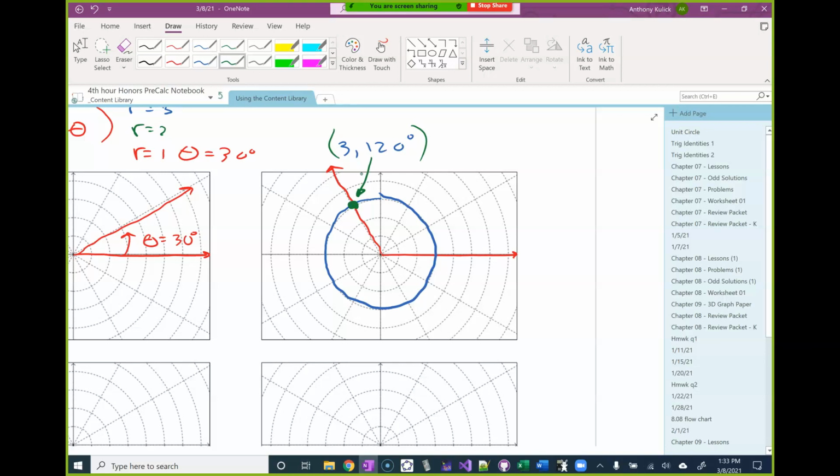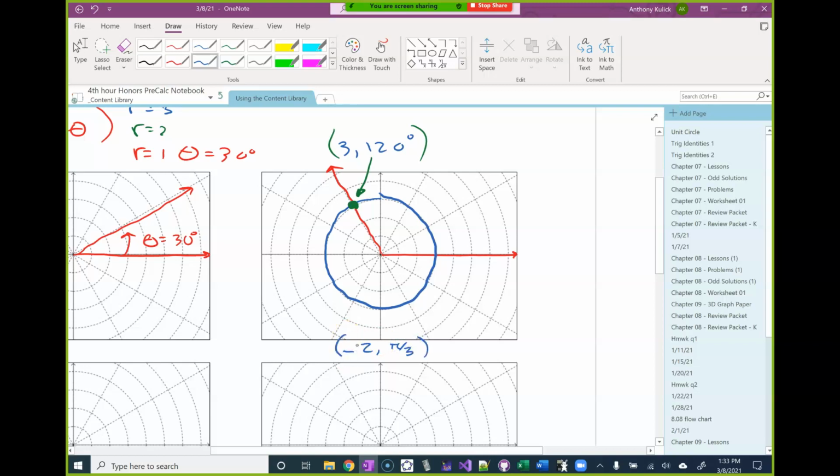So the natural question then would be, what happens if I have a negative value for r? Because that doesn't exactly make a lot of sense. So perhaps let's think about if we had -2, pi over 3.